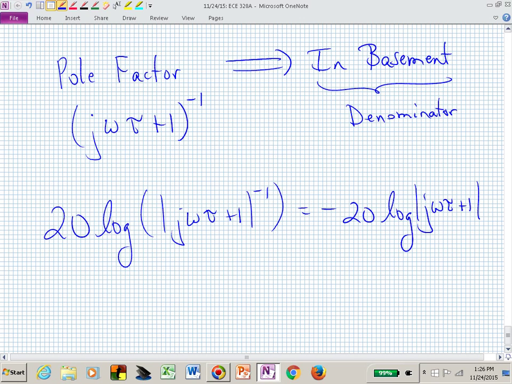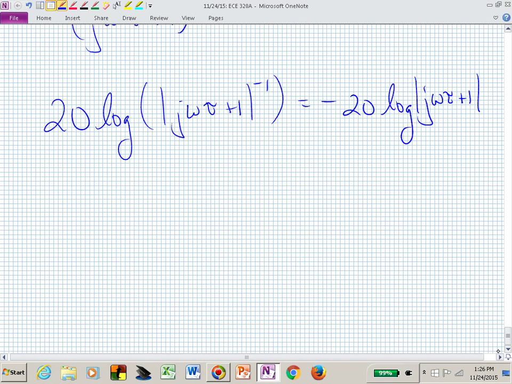For small omega, it's 0. For big omega, it's varying with a slope of either plus 20 dB per decade or minus 20 dB per decade. It's this 20x.